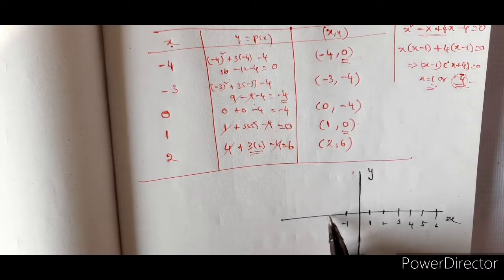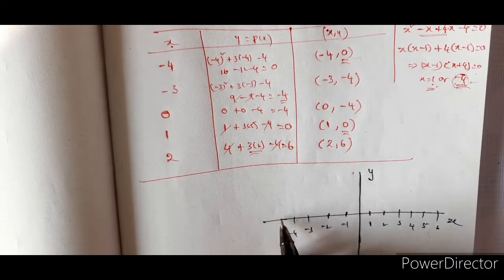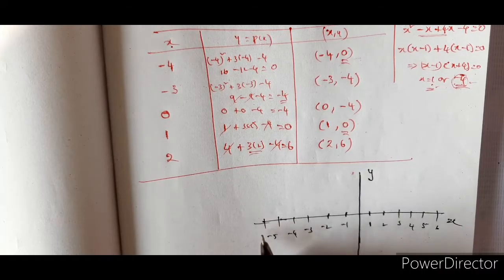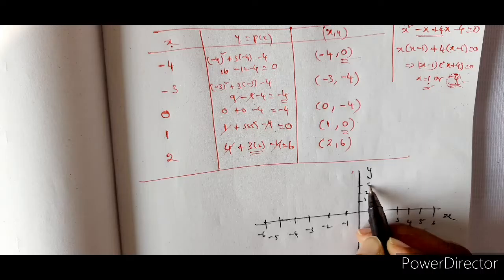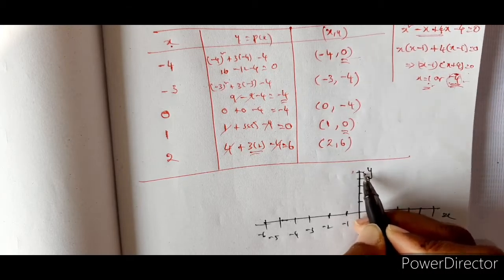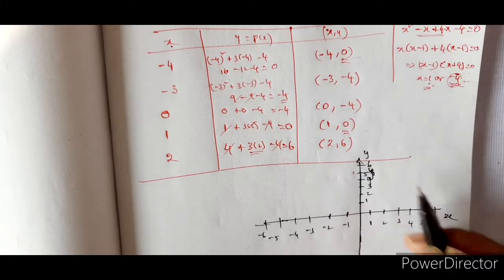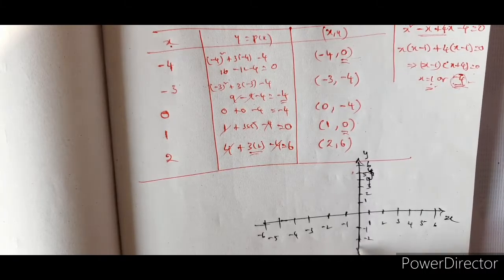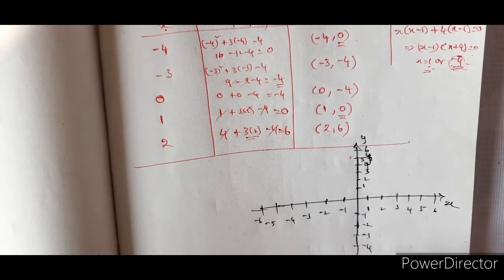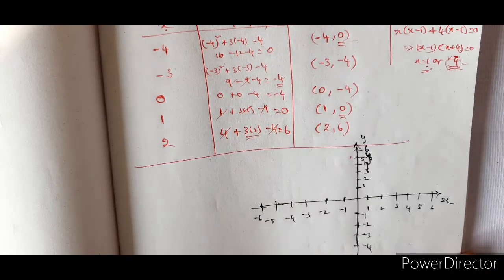Now on the other side, -1, -2, -3, -4, -5, -6. Similarly 1, 2, 3, 4, 5, 6, and -1, -2, -3, -4, -5, -6. Like this I took my graph.